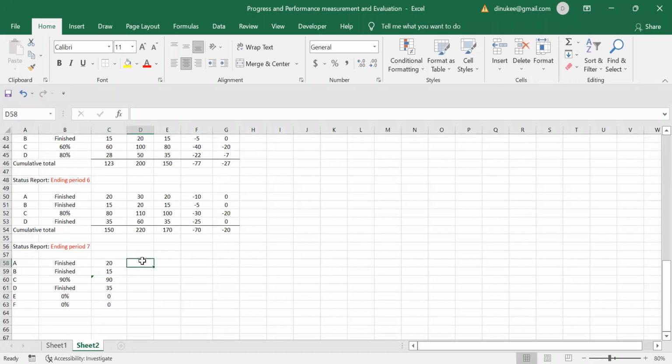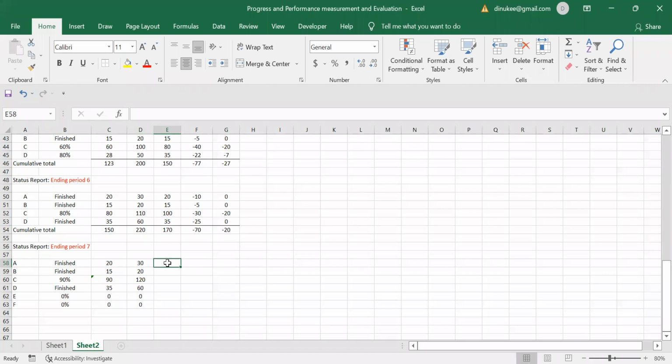So the actual cost, 30 here, 20 here, 120 here, 60 and 0 and 0, right?